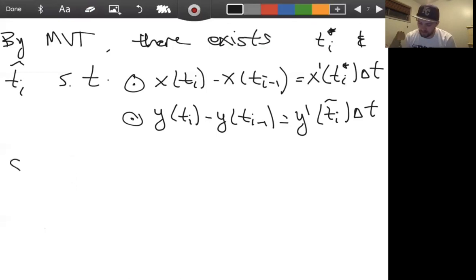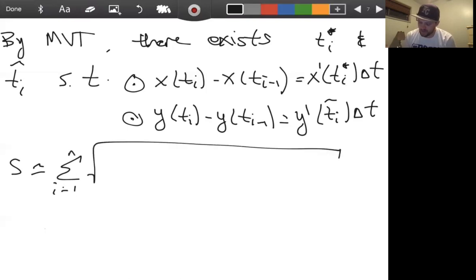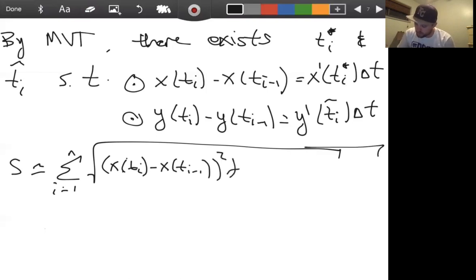If you remember, S was approximately the sum from i equals 1 to n of the square root of x of t_i minus x of t_{i-1} quantity squared plus y of t_i minus y of t_{i-1} quantity squared, right? This was our approximation. We took the sum of line segment lengths and said that's pretty close to the arc length of the curve, but it's not quite, because our curve isn't non-continuous line segments.